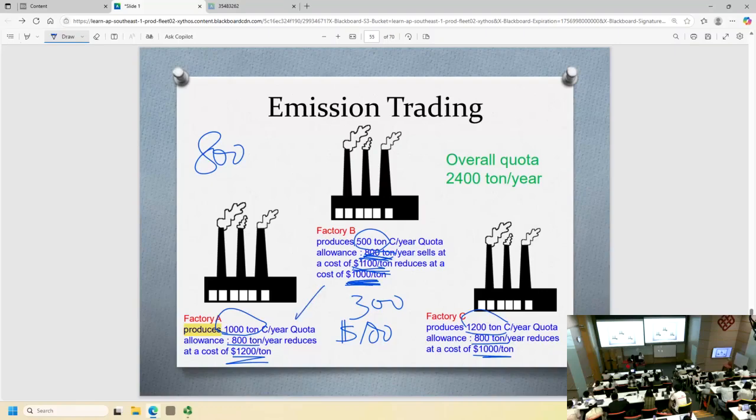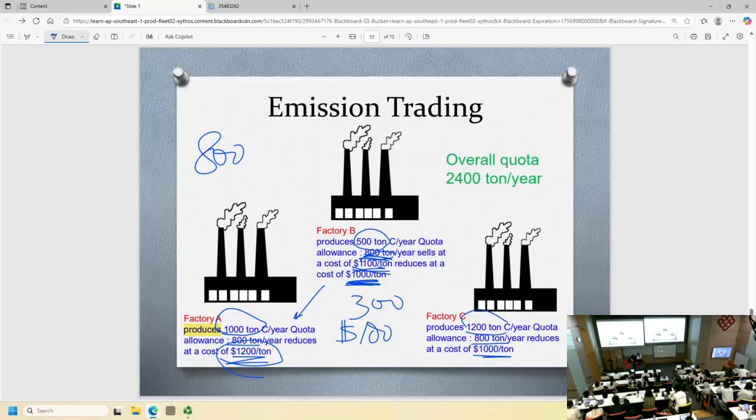So probably factory A can buy the allowance from factory B. So instead of spending 1,200, now they only need to spend 1,100. They save $100. And for factory B, they earn $100.